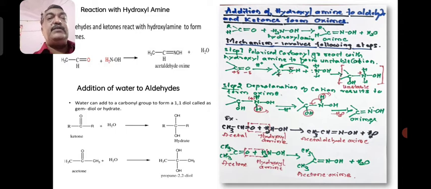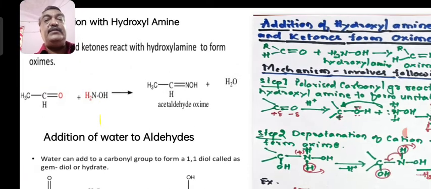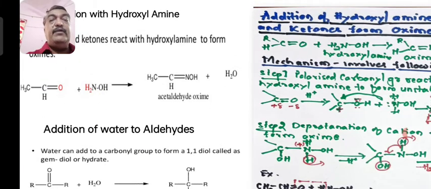Now similarly you can see the reaction with hydroxylamine. NH2OH is hydroxylamine. When treated with an aldehyde or ketone, there is a replacement of O and H2 as water, two hydrogens of the amine and the oxygen of the carbonyl group, and the resulting product is CH3CH double bond NOH.